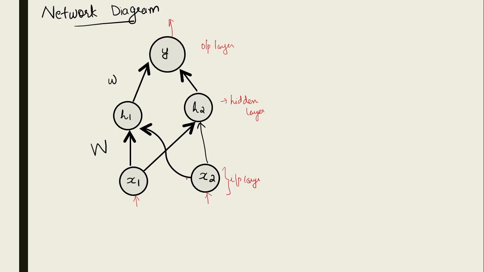Similarly, there are four edges between these two layers, and two edges between the hidden layer and the output layer. When we train a neural network, what it actually learns is these values. These weight values are learned through training, so these are called the parameters of our network.